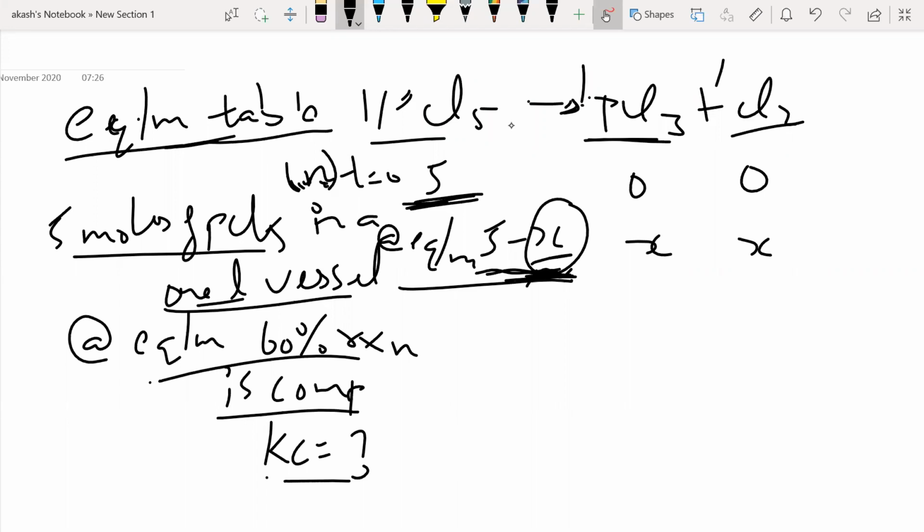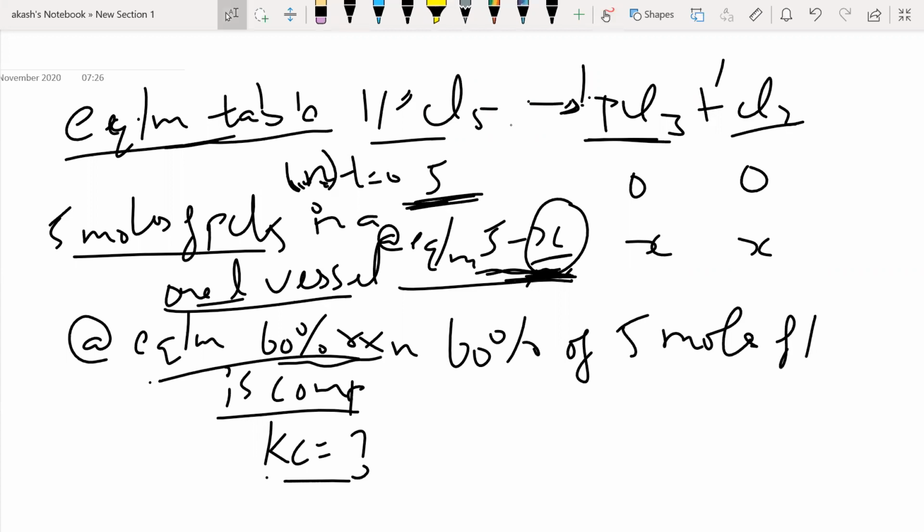Basically they're telling that 60% of the reaction is completed. That means 60% of 5 moles of PCl5 has reacted.